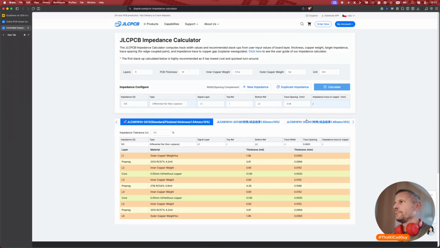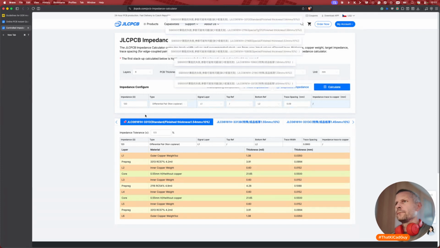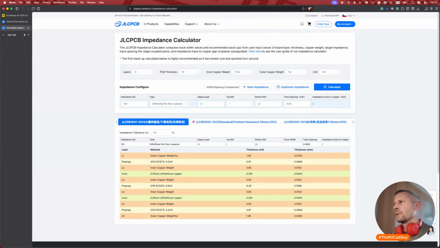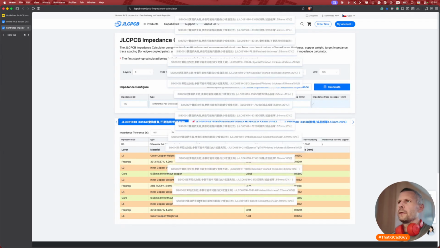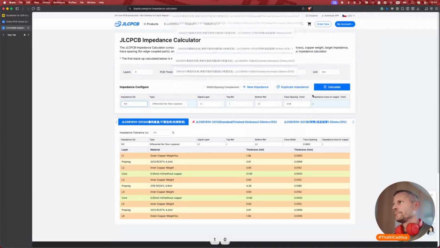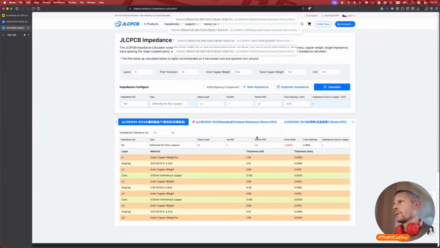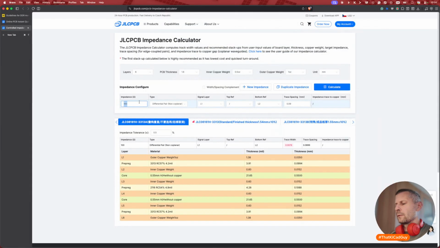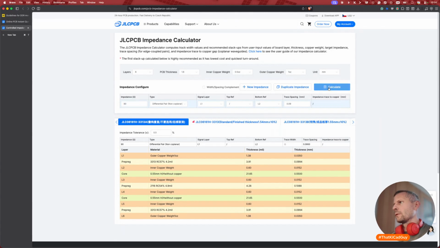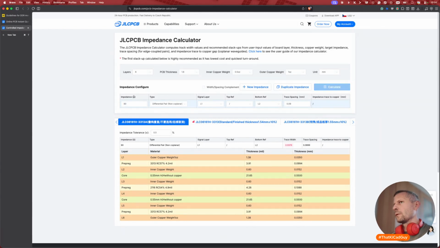Calculate. Of course, the track will be thicker, so the capacitance will be higher and the impedance will be lower, of course.